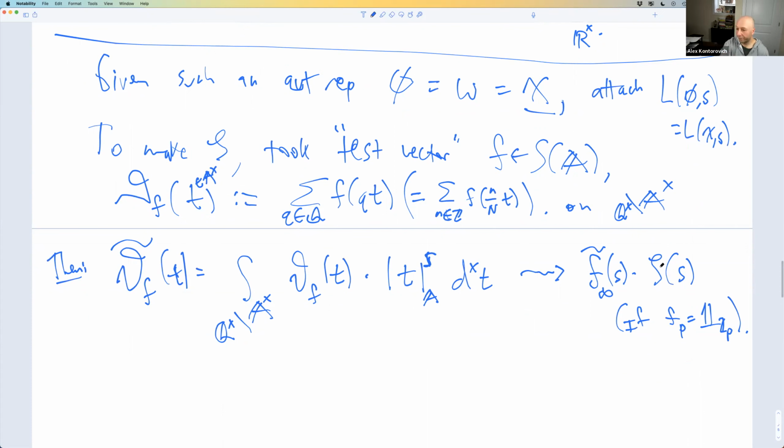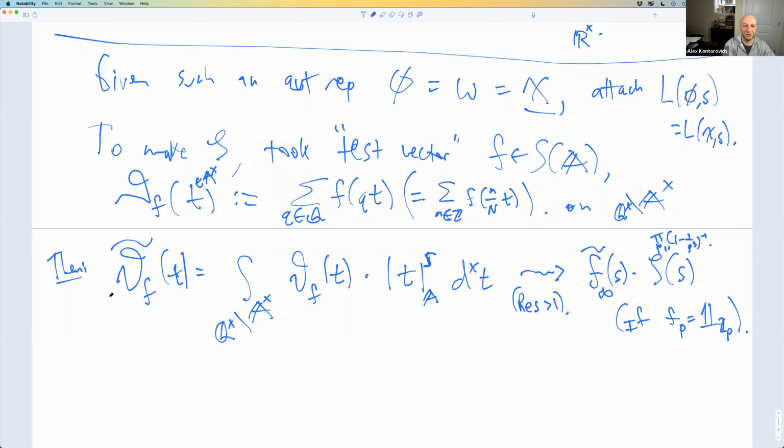If you make it more flexible, then this zeta we got as an Euler product over all primes of (1 minus 1 over p to the s) inverse. If we make our test function more flexible, we'll get potentially other factors at finitely many places, but at all but finitely many places we'll have exactly this Euler factor. And this was all if the real part of s is large enough.